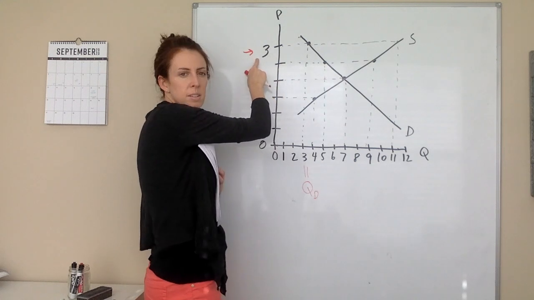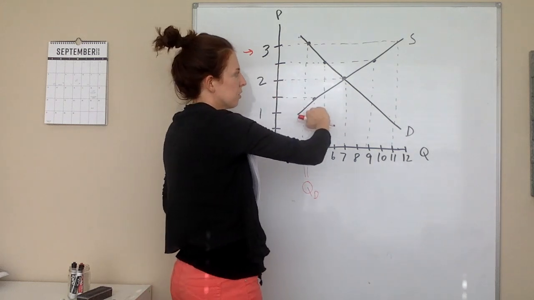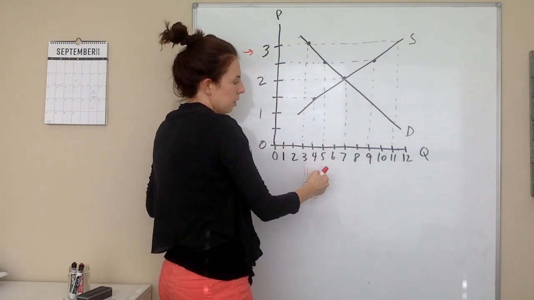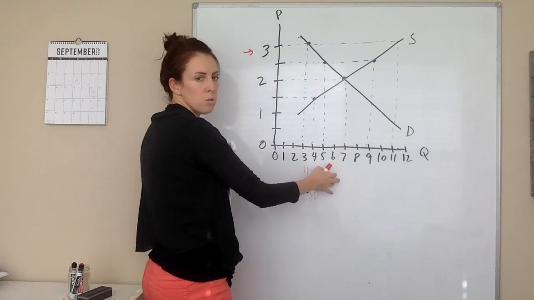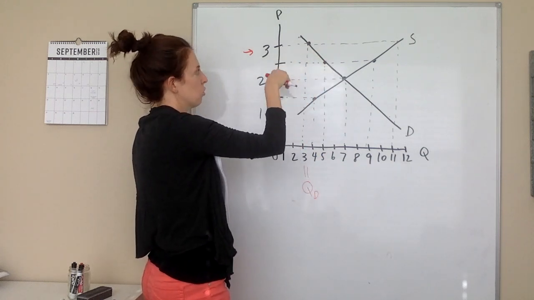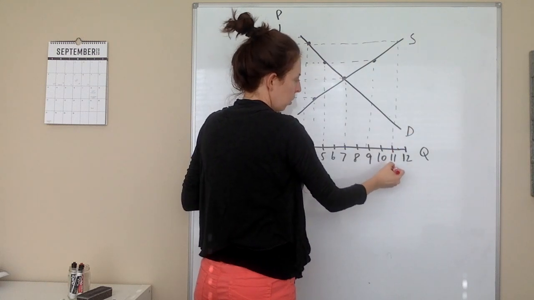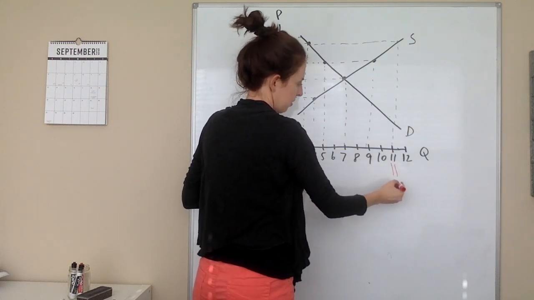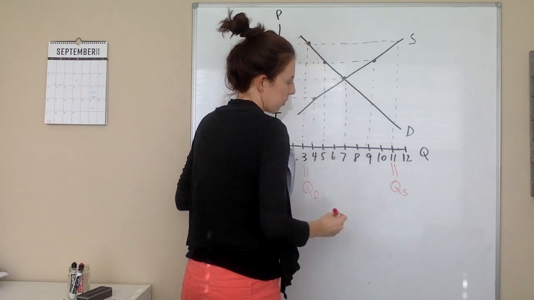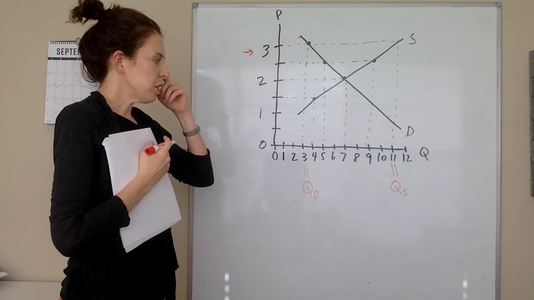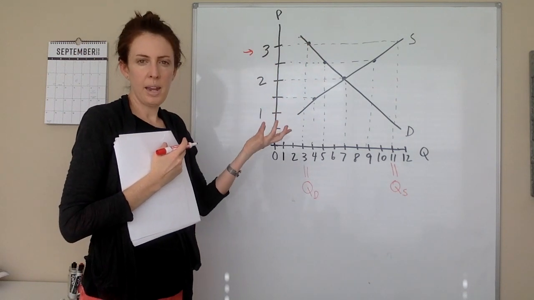Now let's think about the supply side. The supply curve tells us the number of units that sellers would be willing to supply at different prices. So if the price is $3, sellers would be willing and able to sell 11, so this would be the quantity supplied.